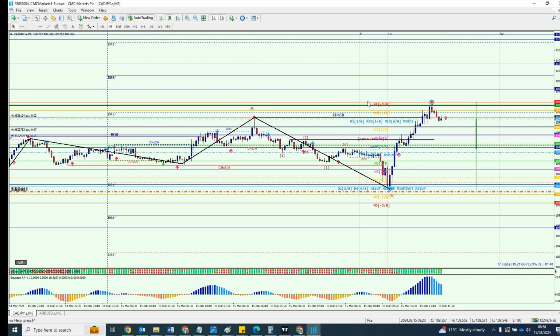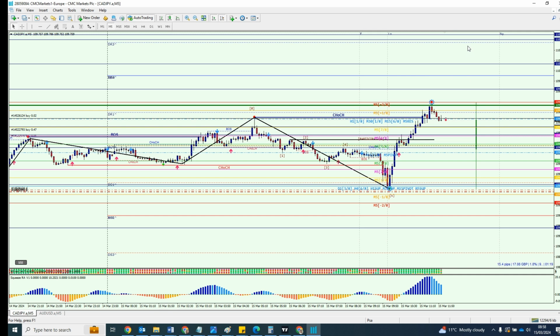Okay, we can see this Murray is very tight, so the expectation is that at the break of this current daily high, we will see a new trading frame created, which will be bigger than what we currently have.